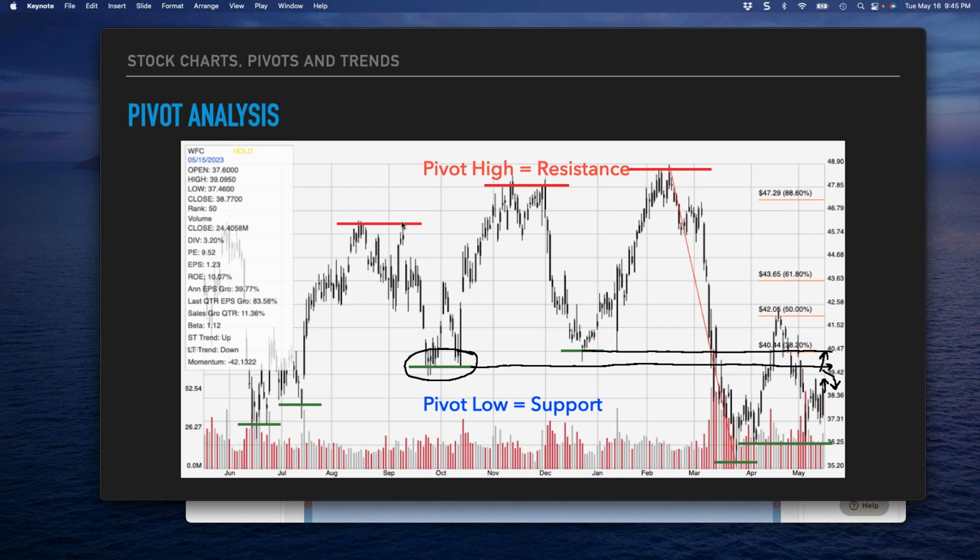The pivot highs that follow, in August and in November and February, can be extrapolated to also suggest, if bullish momentum picks up, where might a future top be if the stock really starts to rally? Where might be some useful profit points if the stock starts to really pick up momentum and move above some of the levels where it's currently trading?